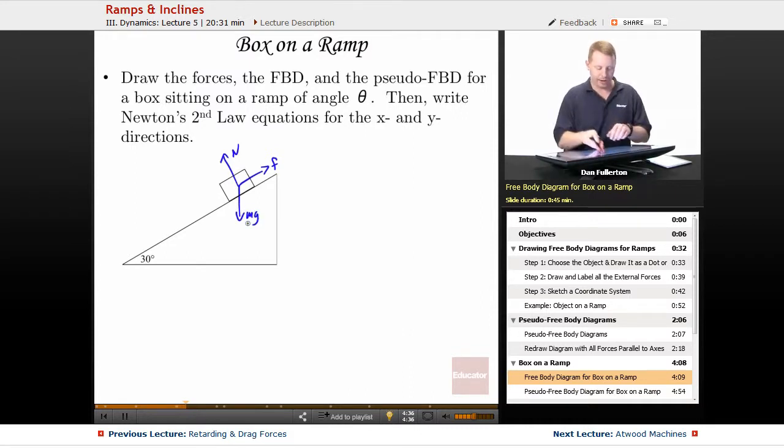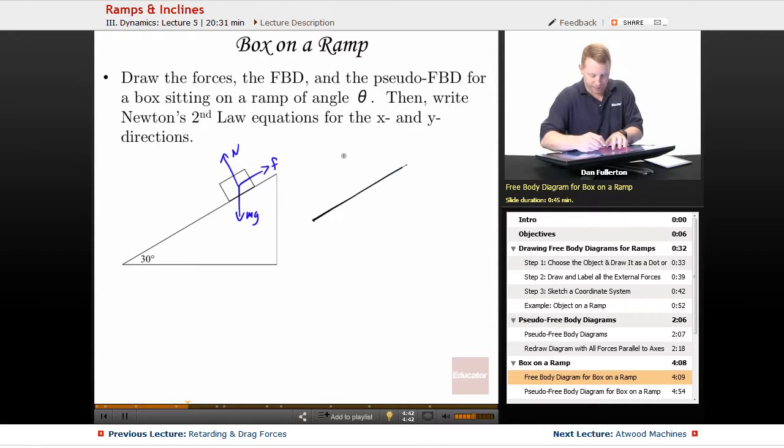Can't ever get too much practice doing this. We'll draw our free body diagram over here. We would have normal force, N, frictional force, opposing motion, and mg.